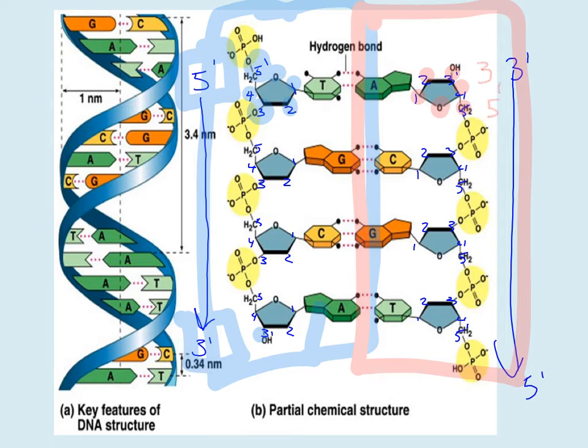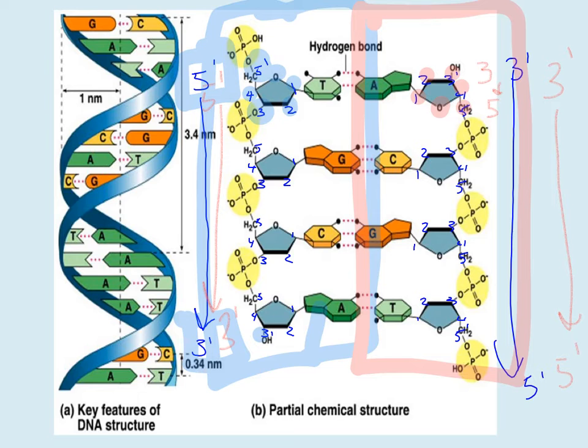So now it is 3' to 5'. So this strand right here is 3' running to 5', and this strand right here on the left side is 5' running to 3'. So I would expect you to be able to label the 5' and 3' on the drawings, but again, I will be showing you the drawing coming up.